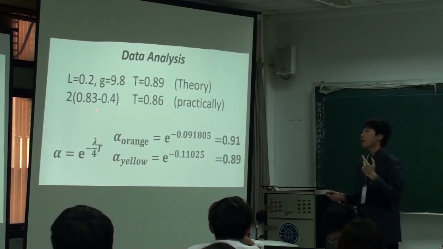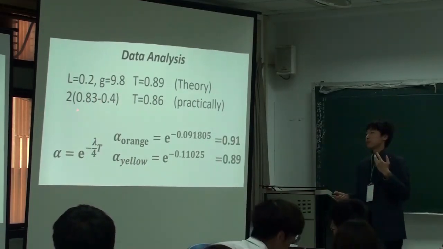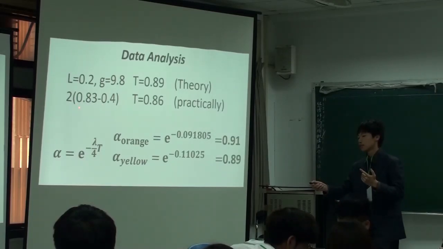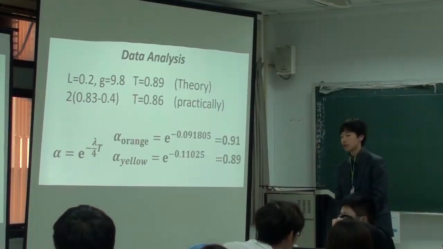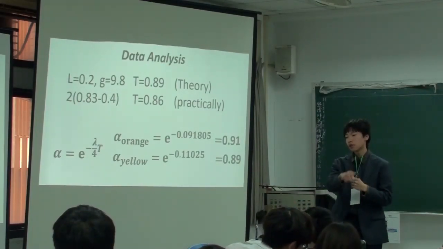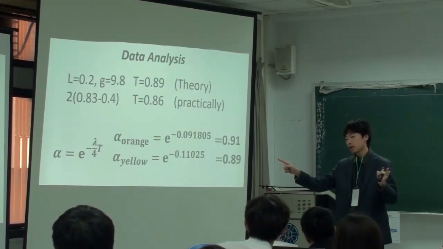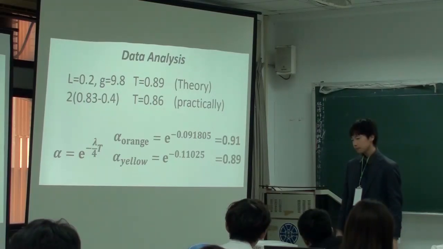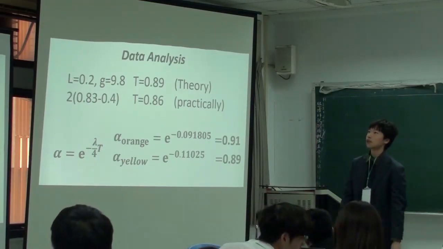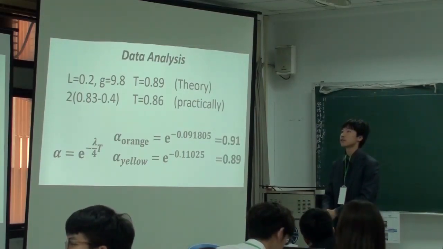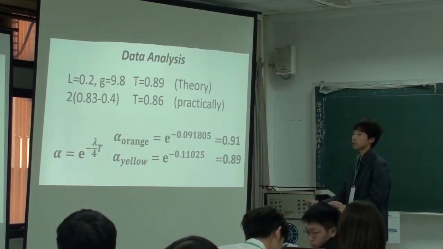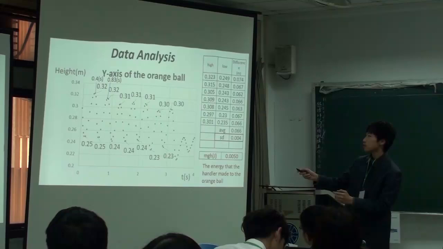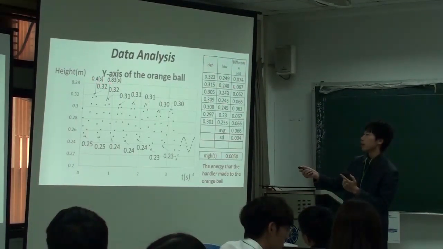And 0.83 minus 0.4, multiply by 2. These two numbers are 2 height points, because this is 1 period, but when Lato goes here and back to here, its period is the difference of the 2 height points multiplied by 2. And this 2 is in this, here and here.